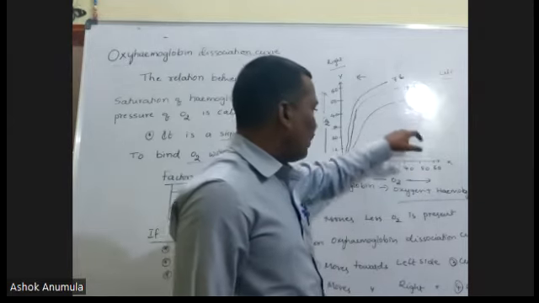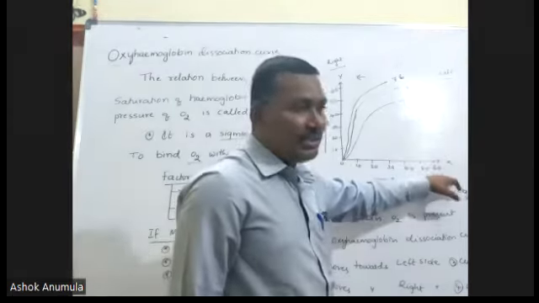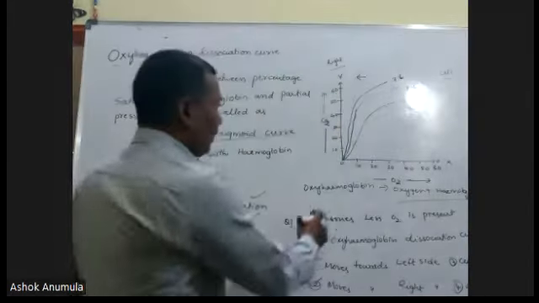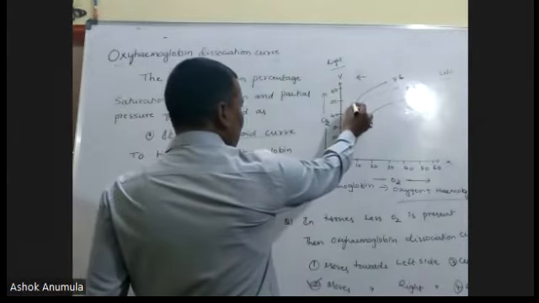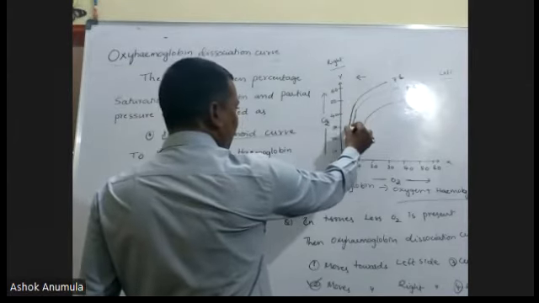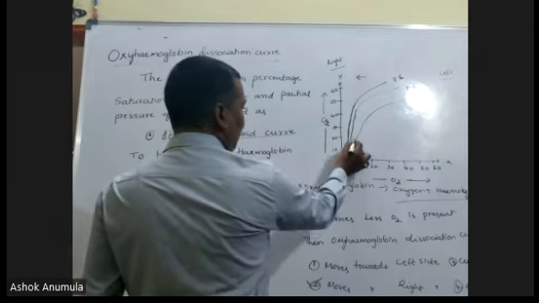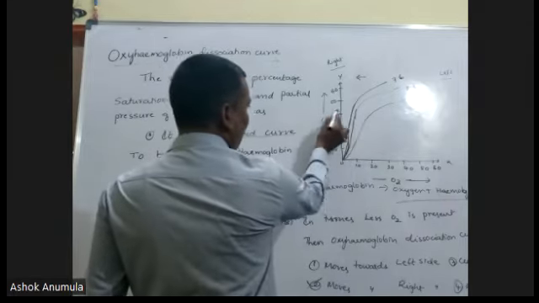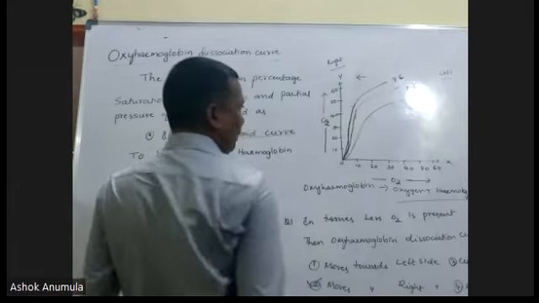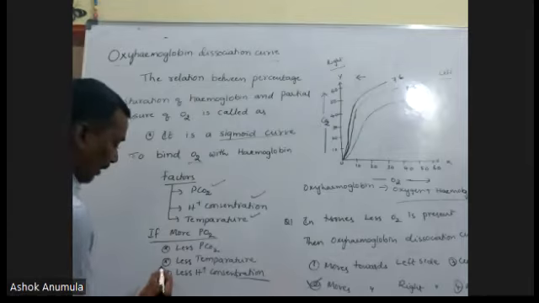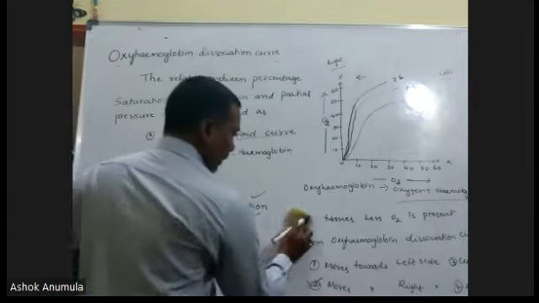If the curve moves towards this side, the left side, more oxygen is present. If the curve moves towards the y-axis, what does it mean, Nana? Less oxygen is present here. You can observe that more carbon dioxide is present here. If less oxygen is present, here I would like to give one more.